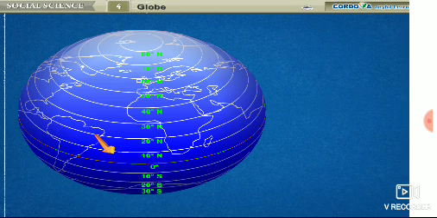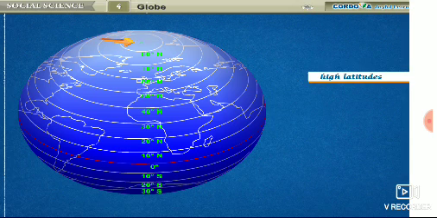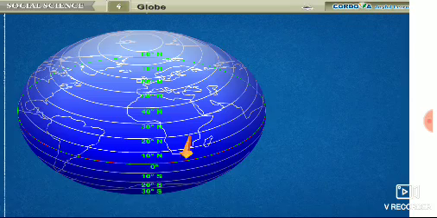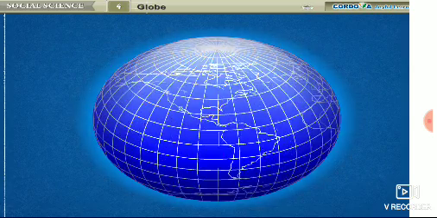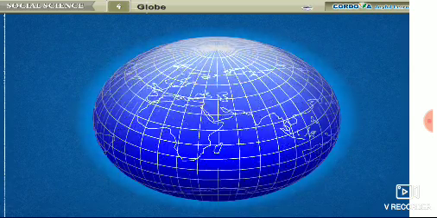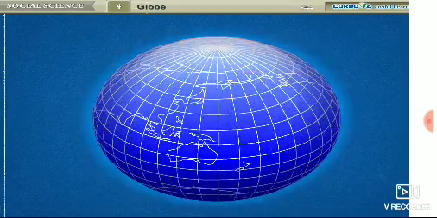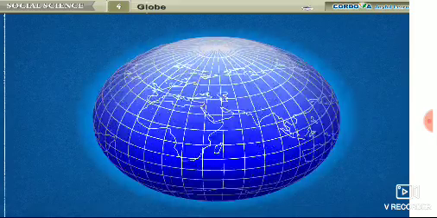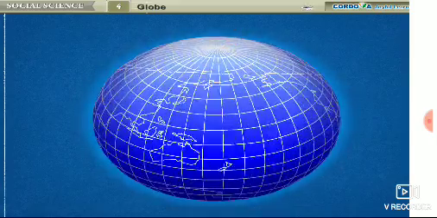Cities and towns that are near to the equator are said to be in the low latitudes. The places near the poles are said to be in the high latitudes. All parallels or latitudes are in the form of complete circles. The equator is the longest parallel. The length of the parallels starts decreasing as one moves away from the equator towards the poles and vice versa.